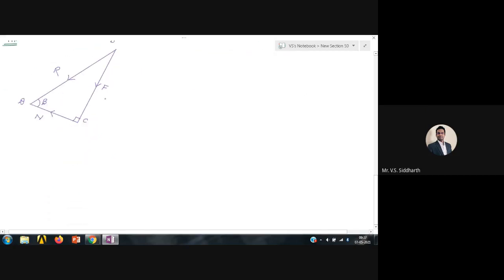So what I will be doing here is finding the value of sine beta and the value of cos beta. What will be sine beta? Sine beta will be F by R and cos beta will be N by R. From this, I can write the frictional force F equals R sine beta, and my normal force will be R cos beta.